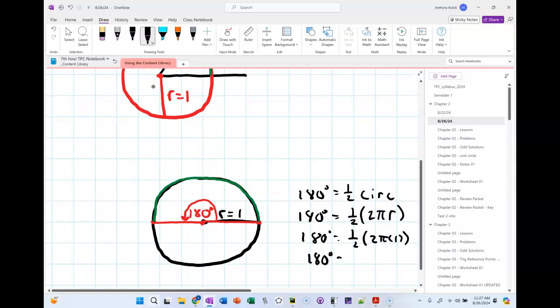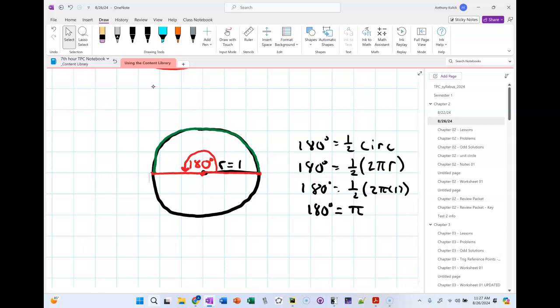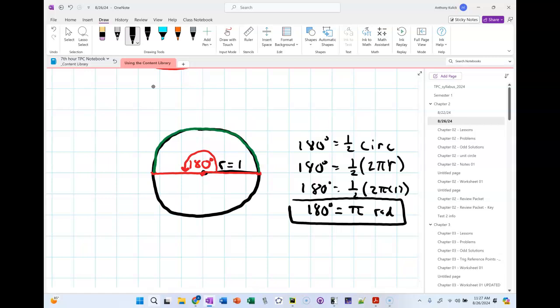So when I multiply that out, I get that 180 degrees is equal to pi, and well, let's actually say, is that an R after the pi on the second line? Yep. So 180 degrees is pi radians.